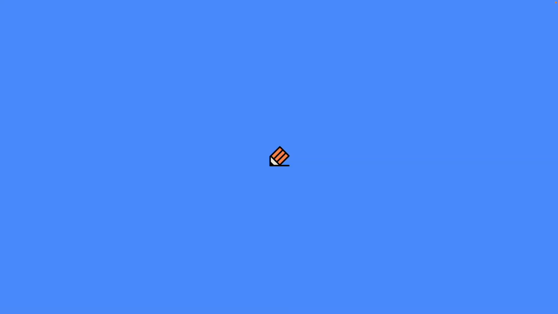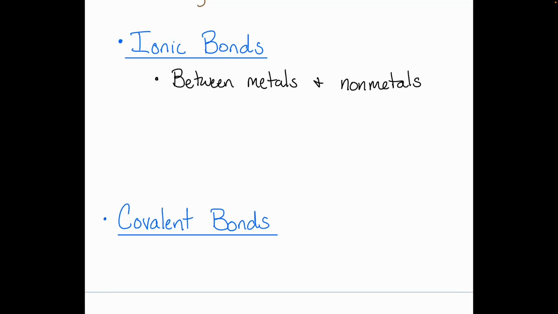So what exactly are these ionic bonds, again, between metals and a nonmetal? It turns out that metals don't hold on to their electrons very tightly, and so metals can lose electrons. If I'm a metal atom and I've lost one of those negatively charged electrons, what does that mean about my charge now?